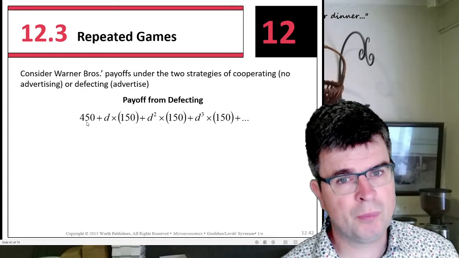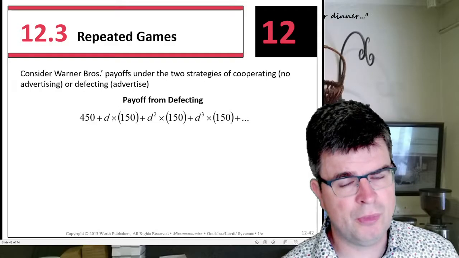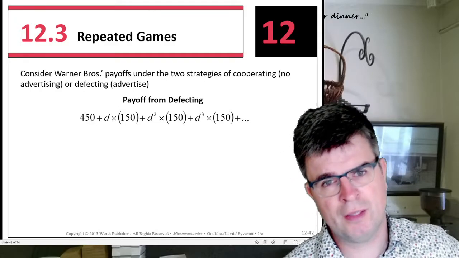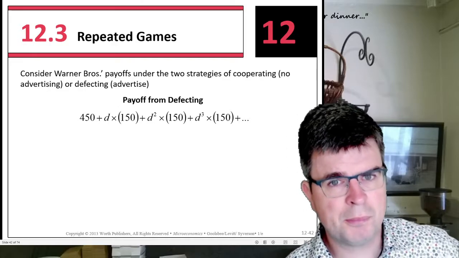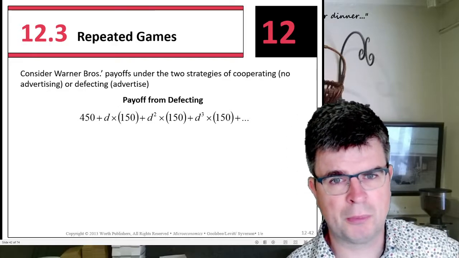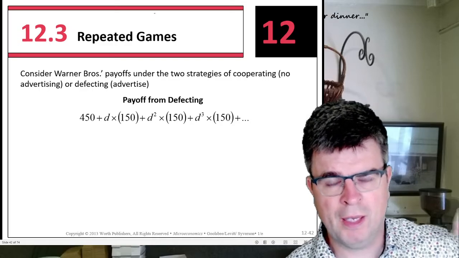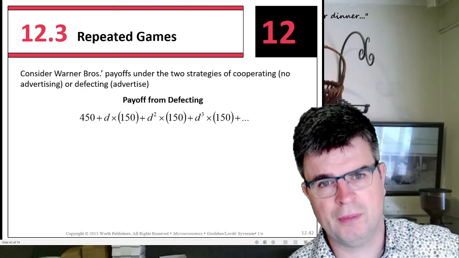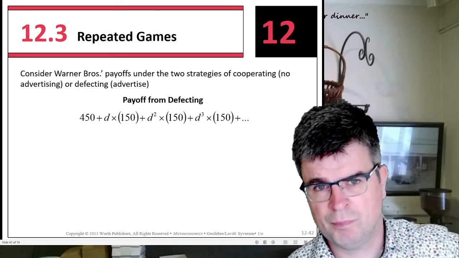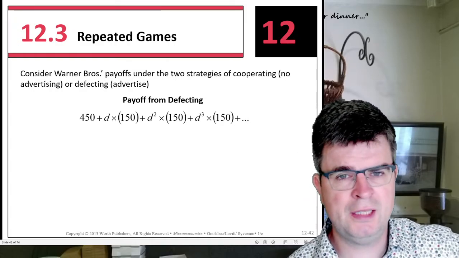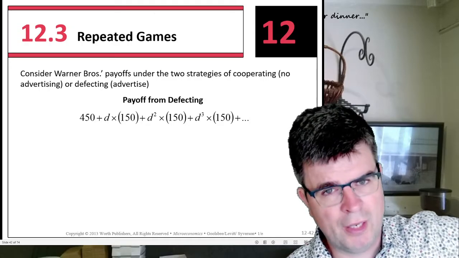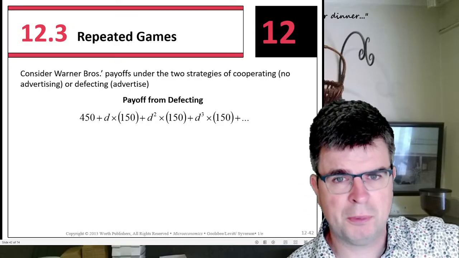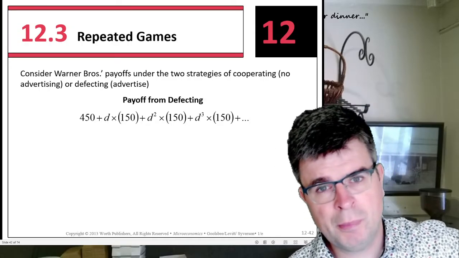But now, given that Warner Brothers defects by advertising today, Disney will observe that. Disney will stick to its strategy, and its strategy prescribes that if it observes Warner Brothers advertising, it will advertise in all future periods. And Warner Brothers is aware of this strategy by Disney, so it knows that if it advertises today, Disney will advertise from next period onwards till all future periods.